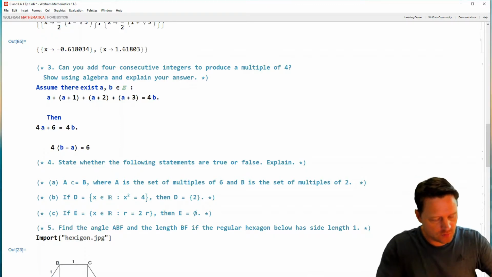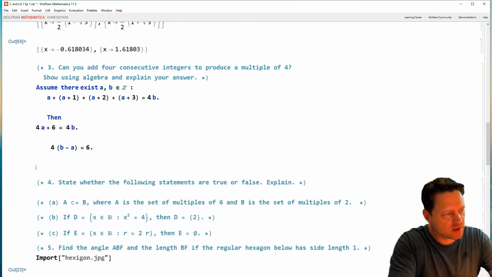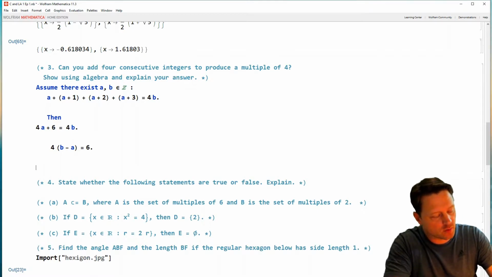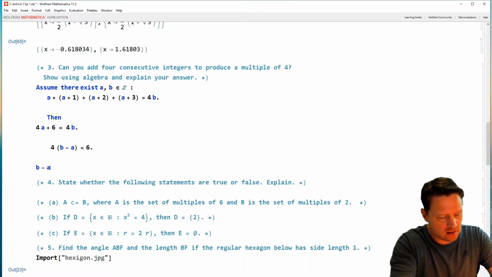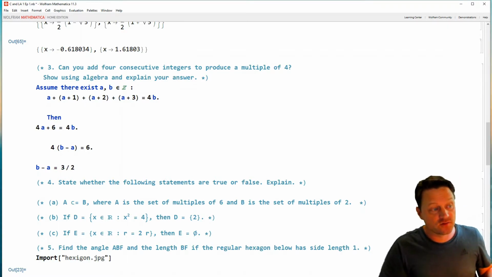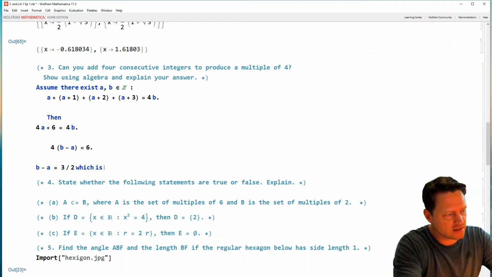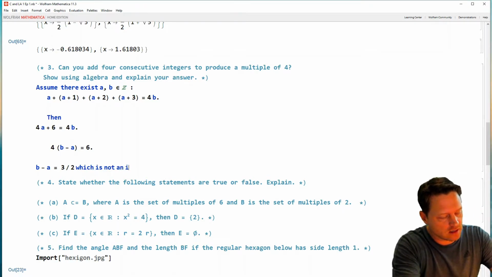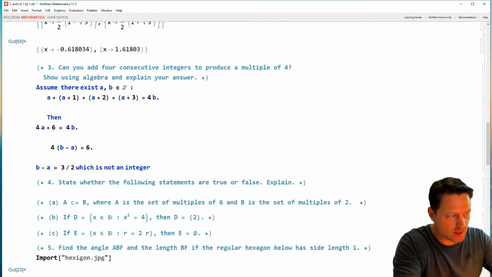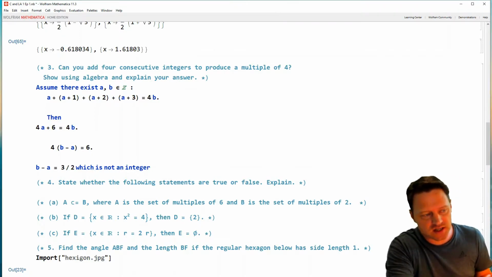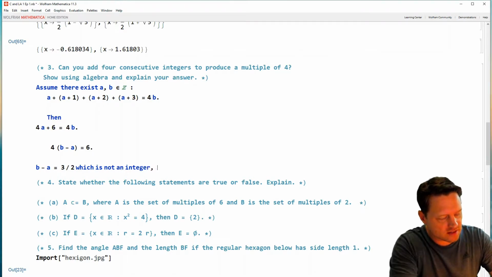All right, now we'll quickly see that this is contradictory because dividing both sides by 4, we have b minus a is equal to 3/2, right? Simplifying 6 over 4, which is not an integer. And since we know that b minus a should be an integer, this is a contradiction.